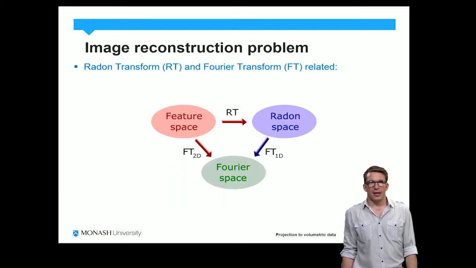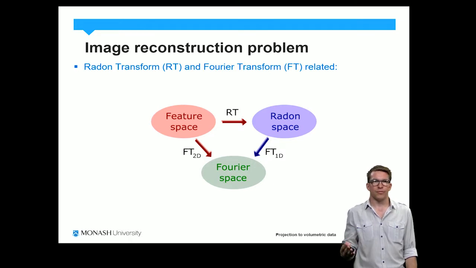Now we know that in order to solve in terms of the Radon transform, we introduce the Fourier transform, and we have this relationship between the 2D Fourier transform and the 1D Fourier transforms in our Fourier slice theorem, which was the first iteration of solving the reconstruction process.